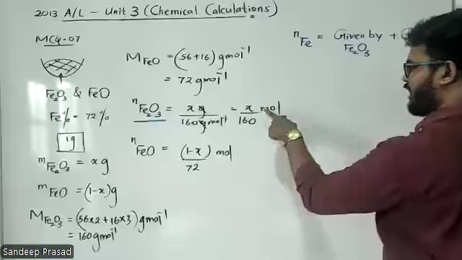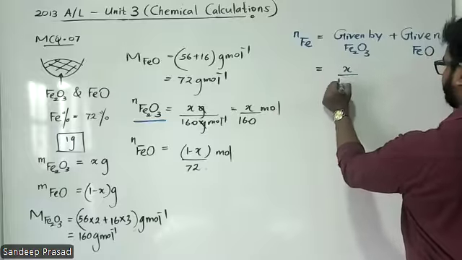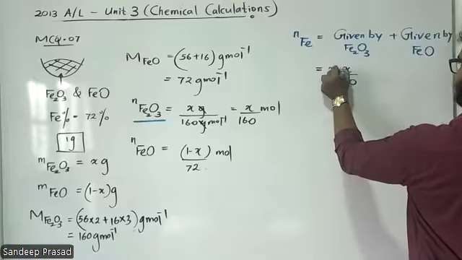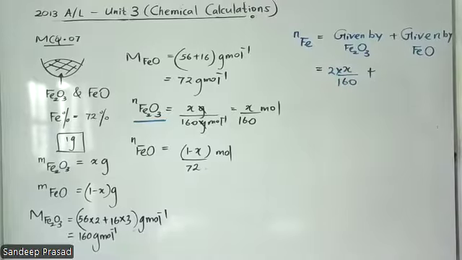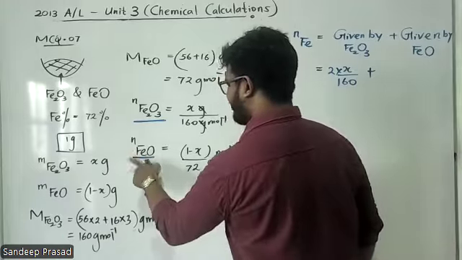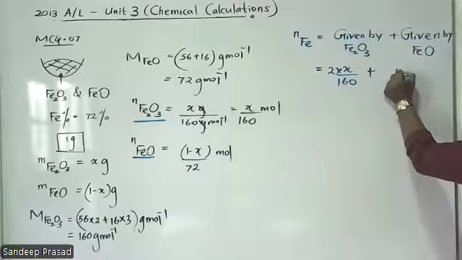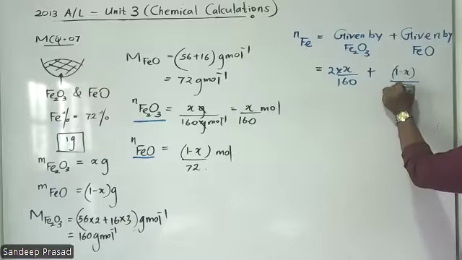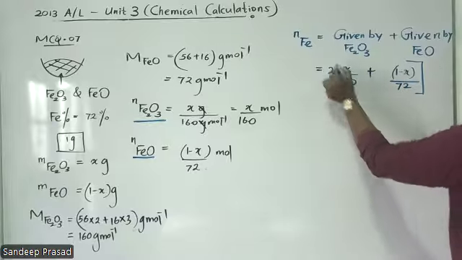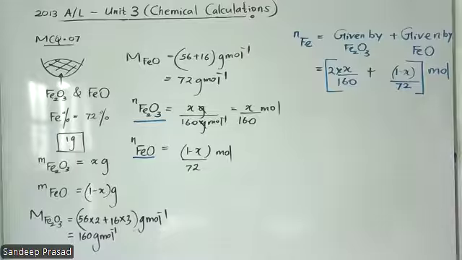So the number of iron moles given by ferric oxide is this amount into 2. Got it? Plus, in this molecule, there is only 1 iron atom per molecule. So the same number of iron moles is given by this one. Here is the total iron moles in the compound.